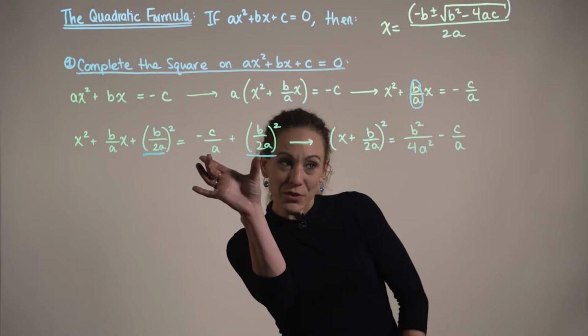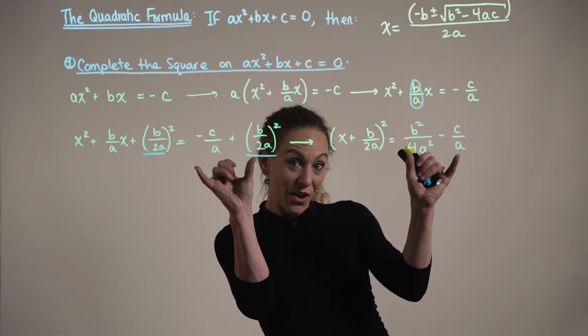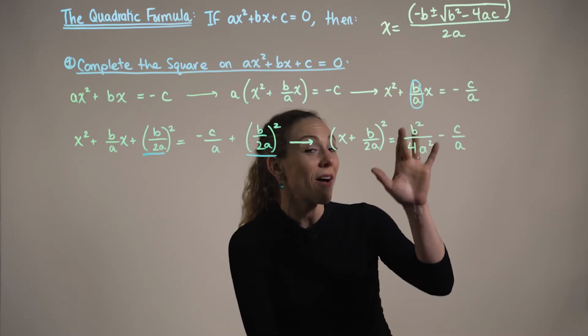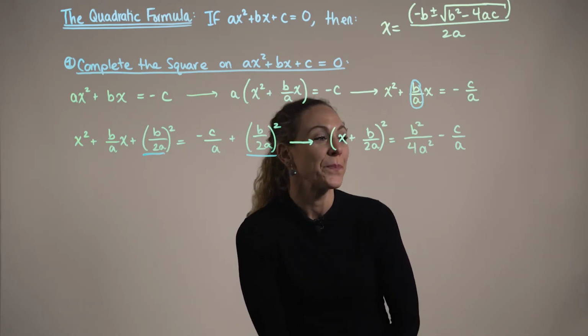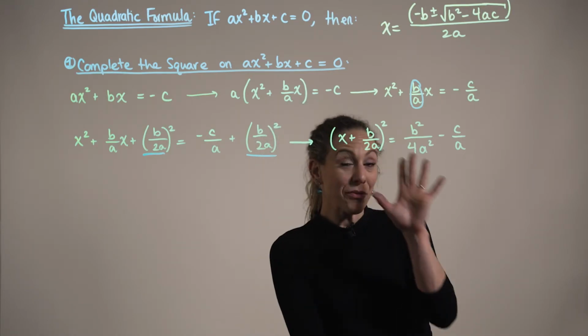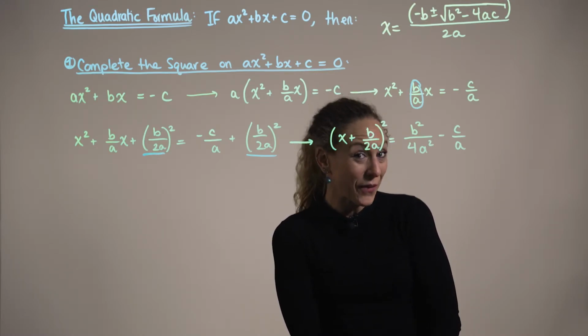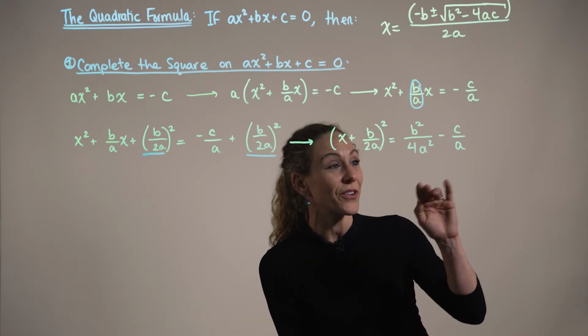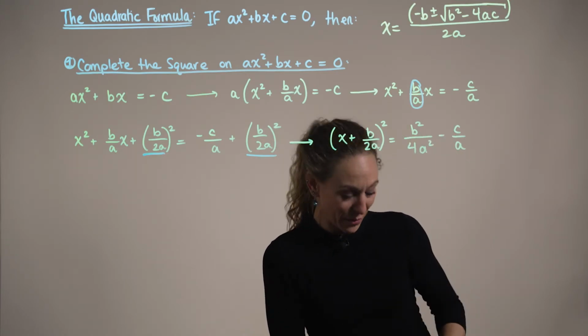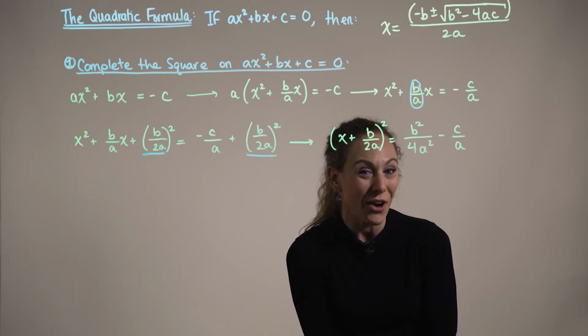And notice here, I've just switched the terms of the constants on the right-hand side so that the positive term comes first. And now that we've officially completed the square, before we start solving for x, let's actually take this one step further and simplify the terms on the right-hand side by finding a common denominator.